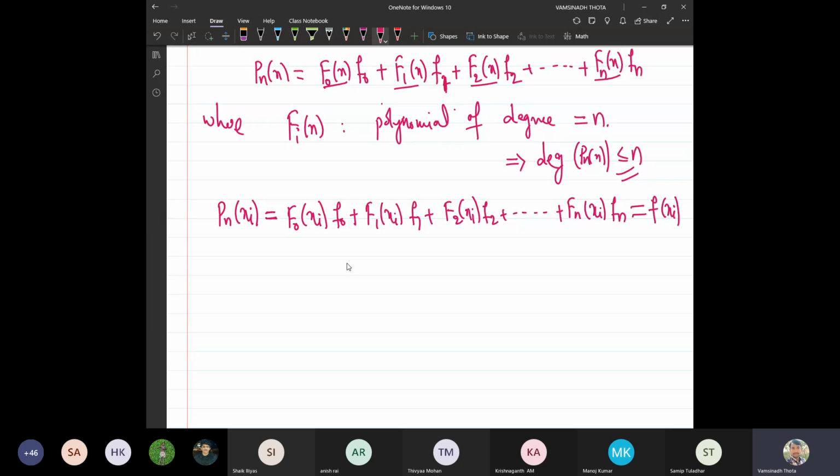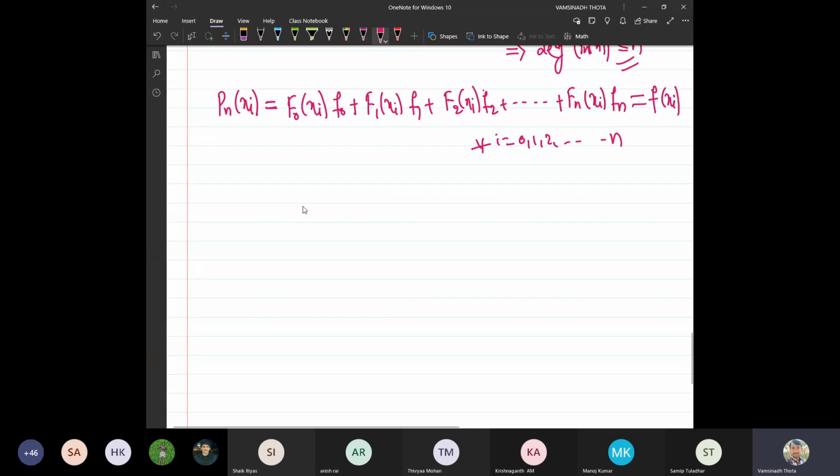This should be true for all i equal to 0, 1, 2 and so on to n.